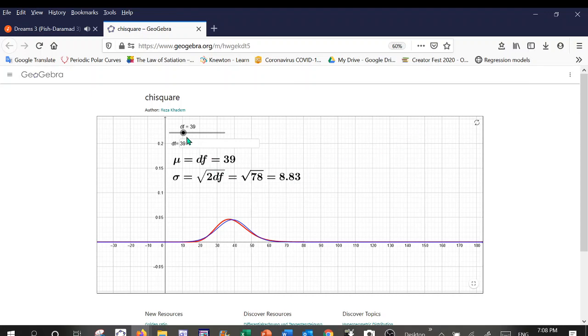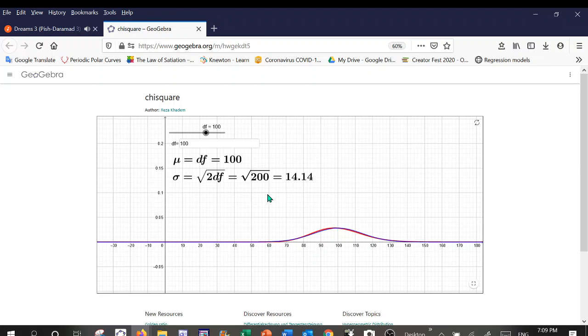Now, something you may notice here is the blue graph, which is a normal distribution. When I go to degrees of freedom of about 100, right there, you see the red graph kind of matches the blue one.